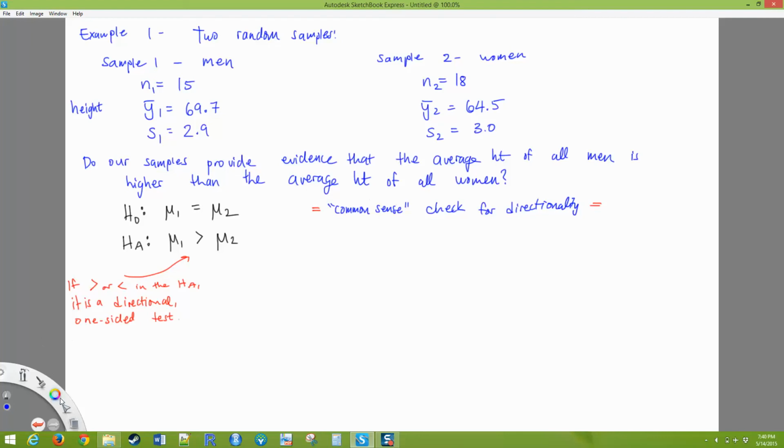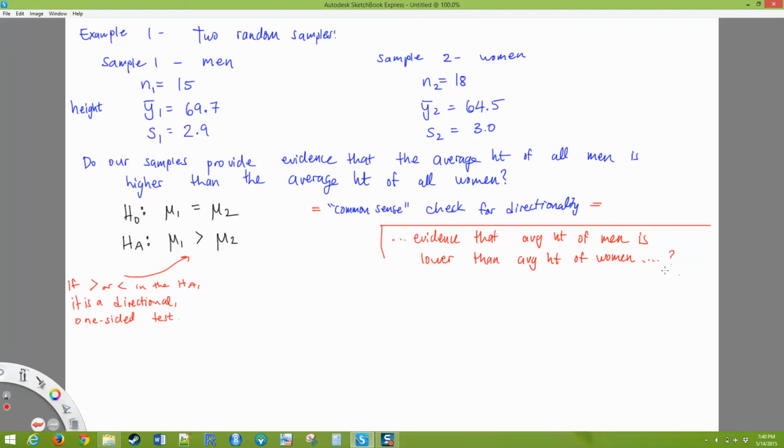Actually, I'll write this off on the side here, as an alternative scenario. Let's say the question said evidence that the average height of men is lower than the average height of women.